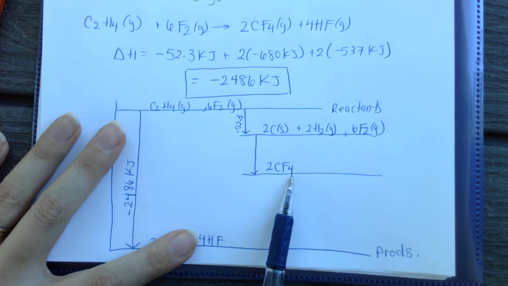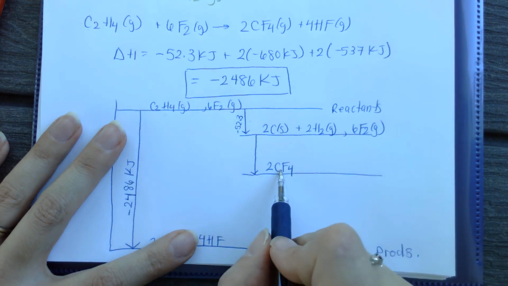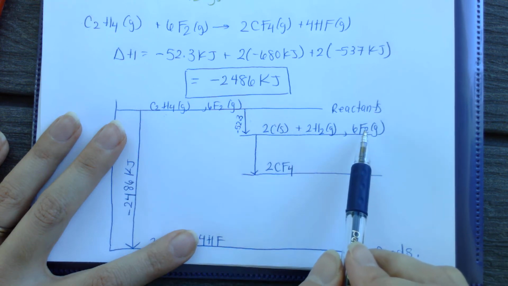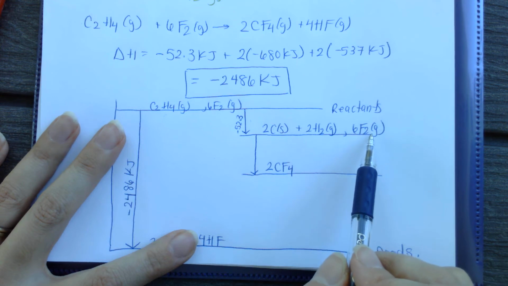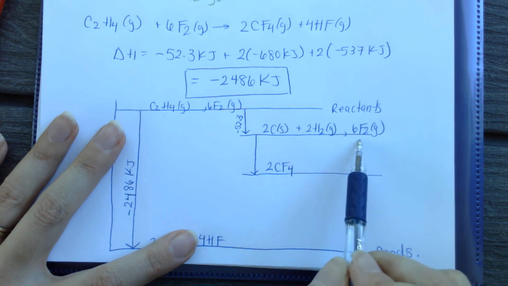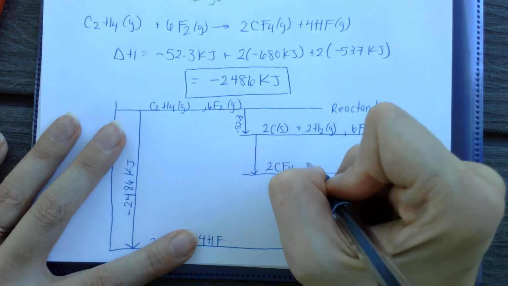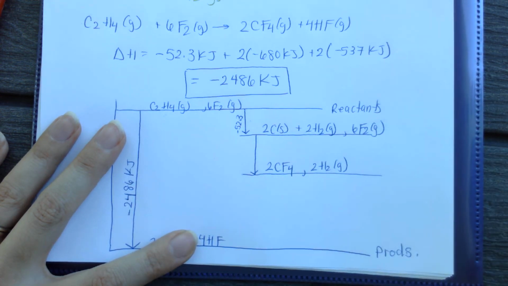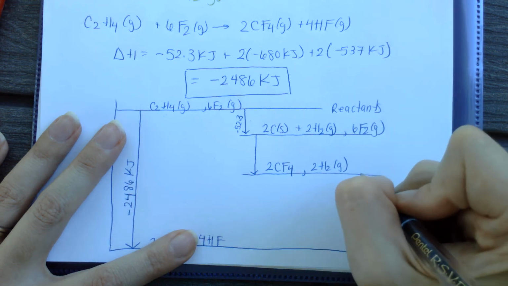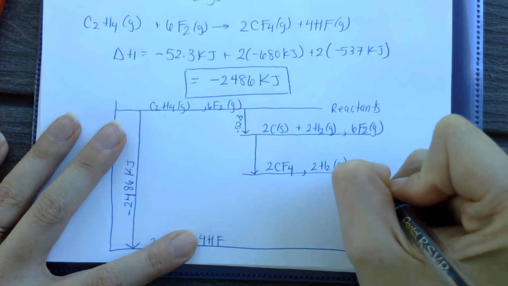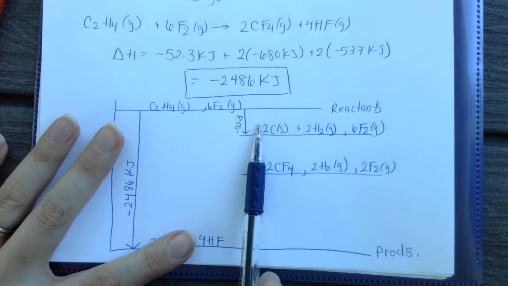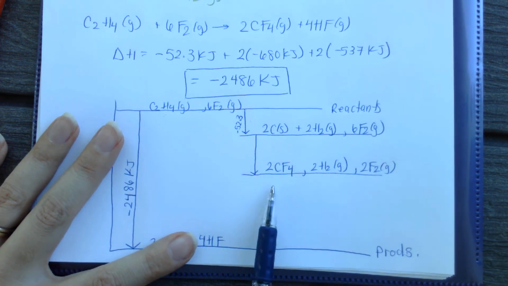So we're combining the 2 carbons with 2 times 4, so 8, of our fluorines. We should still have our 2 H2 gas remaining, and this should leave us with 2 F2 gas remaining. So again, combining carbon and fluorine to make our first product, our CF4.